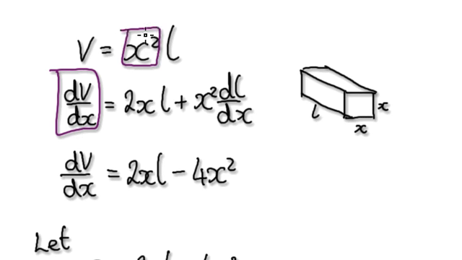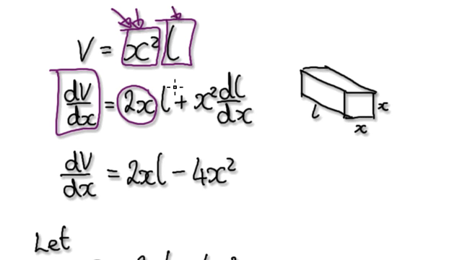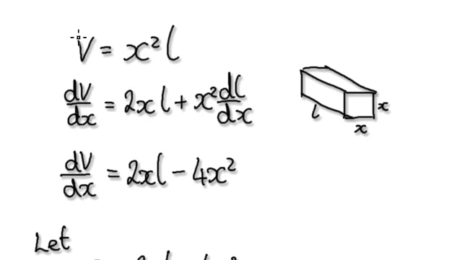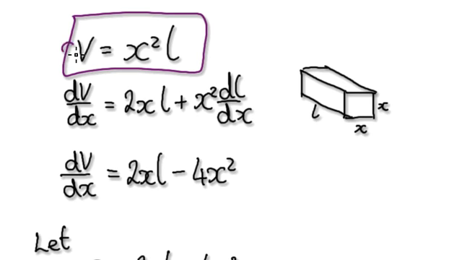And now this, don't forget, this here, we are differentiating it with respect to X. And L here is a function of X. So here we've got to use the product rule. So the product rule, differentiate this, leave this the same. Okay. And then, on a separate occasion, leave this the same, and then differentiate this. That will give you this. So when you use implicit differentiation, that would then take you to here.